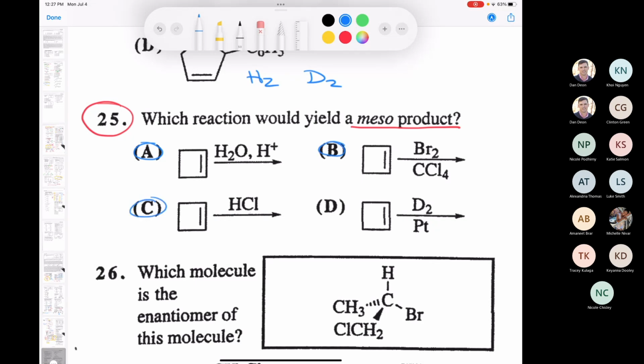In C, we have hydrohalogenation. And then in D, it's not hydrogenation, it would be deuteragenation, because we're using deuterium. But in order to get a meso product, remember, we have to have 2 stereocenters and we have to have a plane of symmetry. Could anybody tell me which one of these would give you 2 stereocenters and a plane of symmetry?